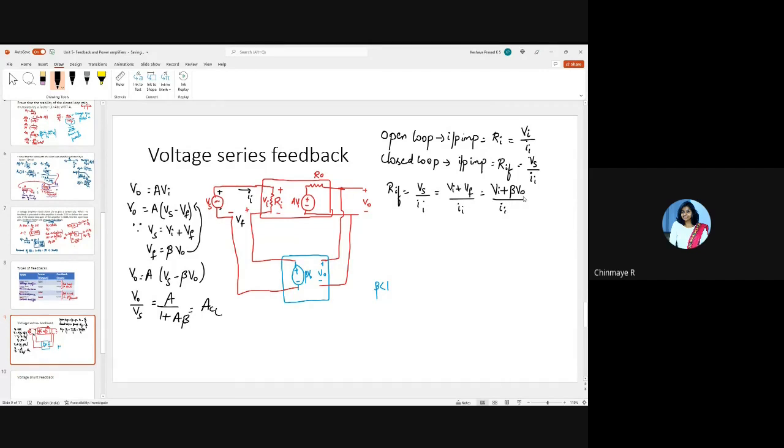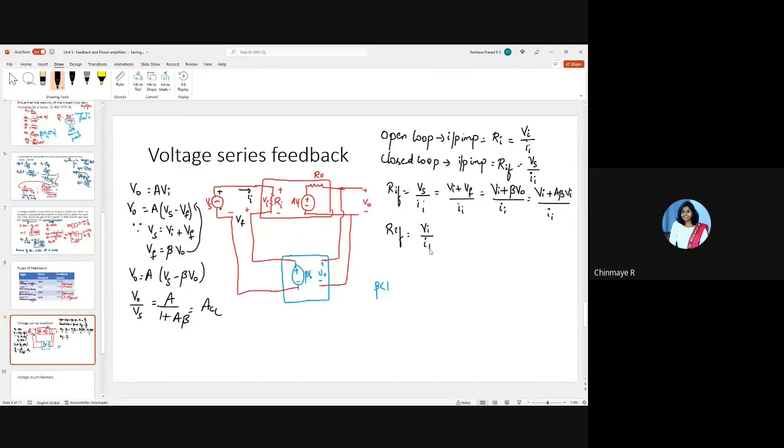V naught I can write as A times Vi, where A is the open loop gain. Let me substitute that here. This will be equal to (Vi plus A beta times Vi) divided by Ii. Now let me take Vi common.